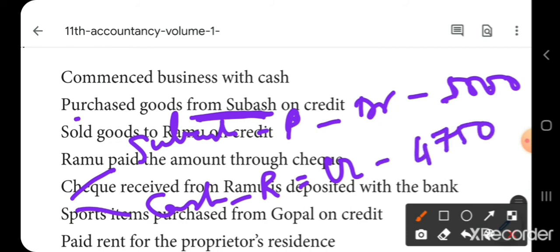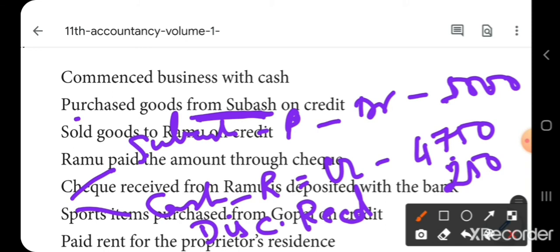Now out of this 5,000, 4,750 you have paid in cash. The remaining is discount. Discount which you have received. That is 250. Subhash, you have to pay 5,000, but you are making a payment of only 4,750. That means Subhash has allowed us discount, and for us it is a discount received. So in our books we will take it as discount received and credit.